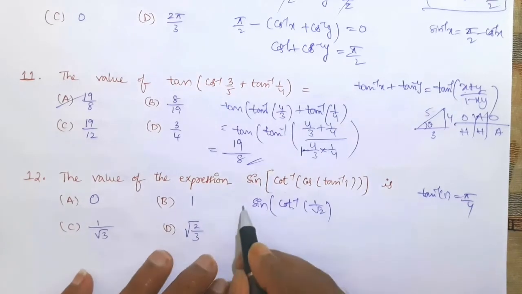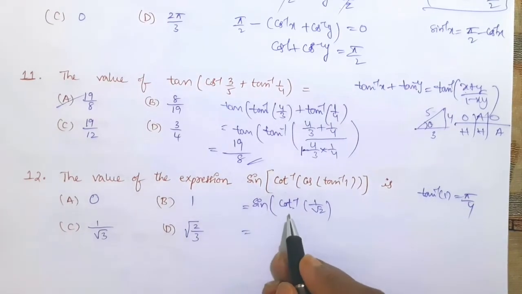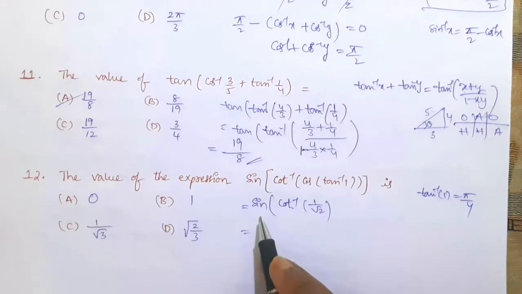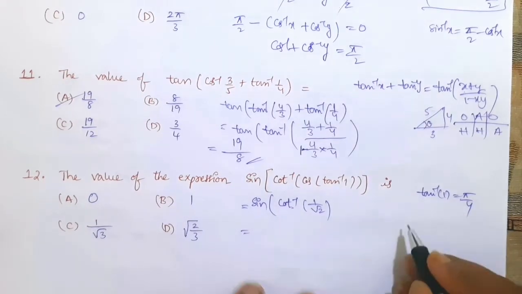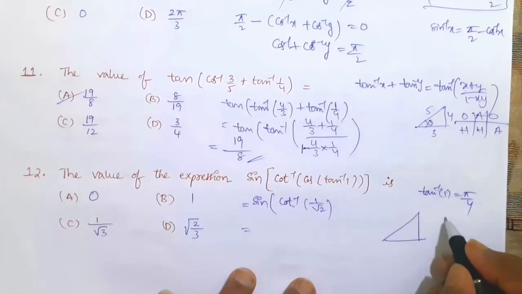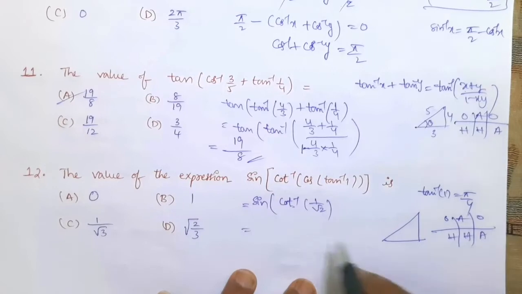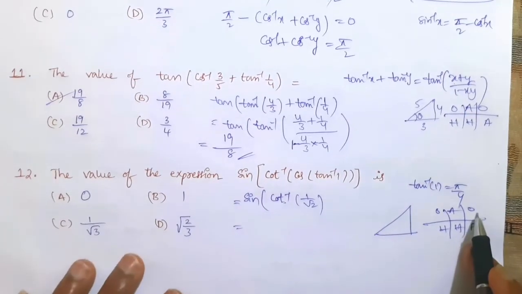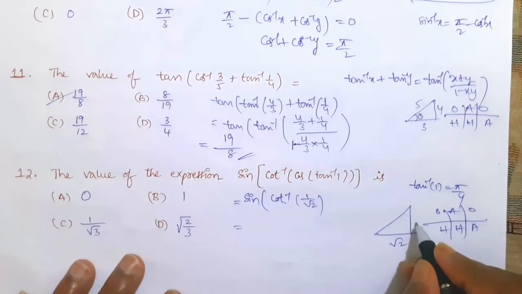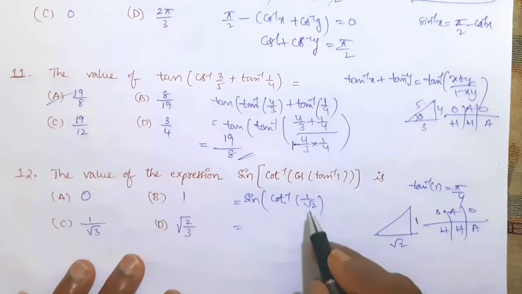Next, outside is sin, inside is cot inverse. So cot inverse we need to convert into sin inverse. In order to simplify this, according to this triangle, cot means adjacent by opposite. This is adjacent by opposite, 1 by root 2.